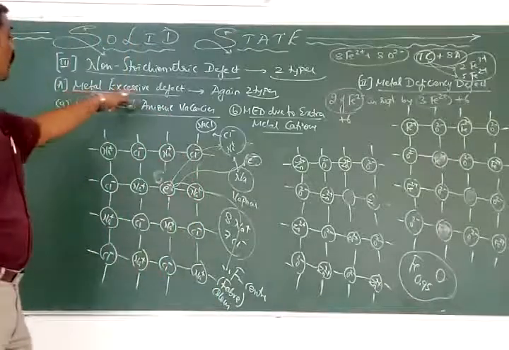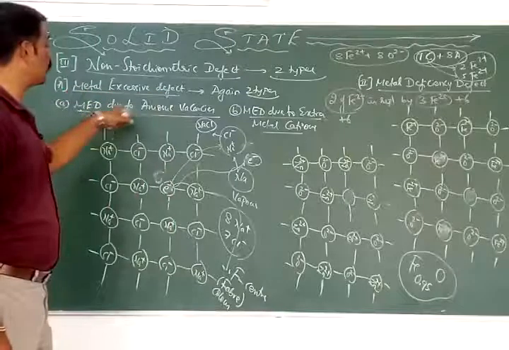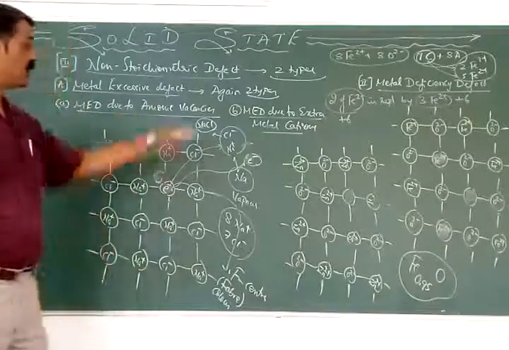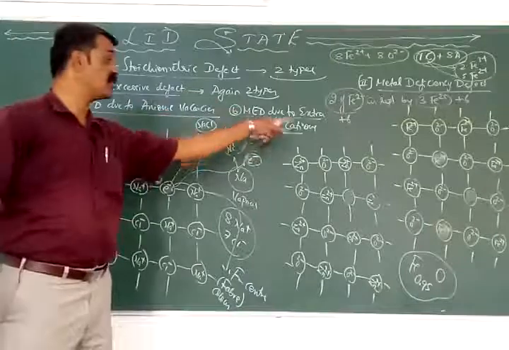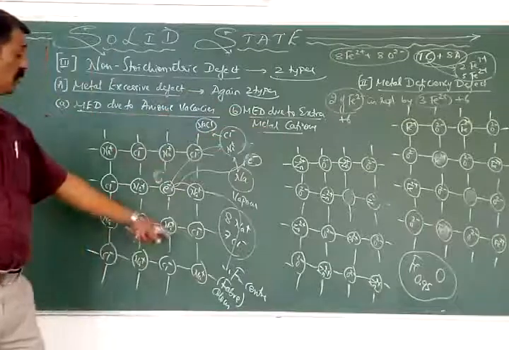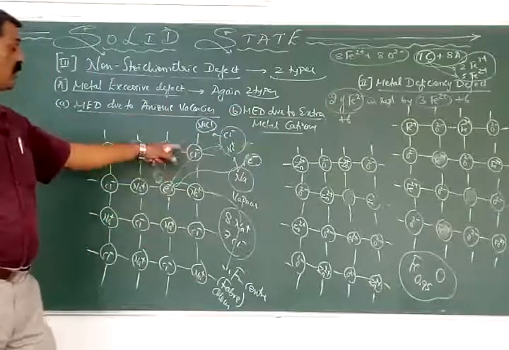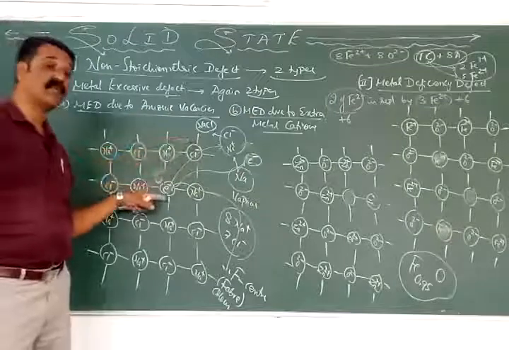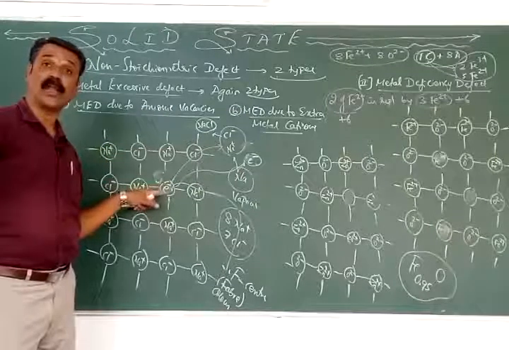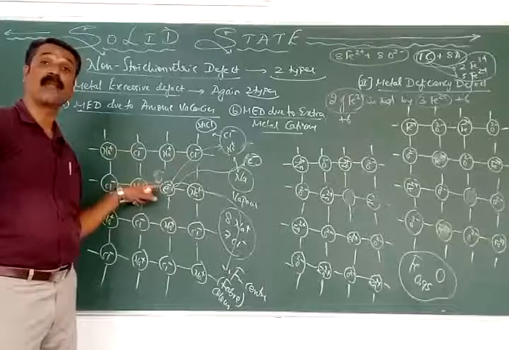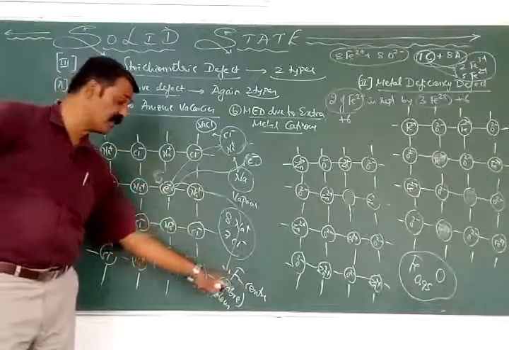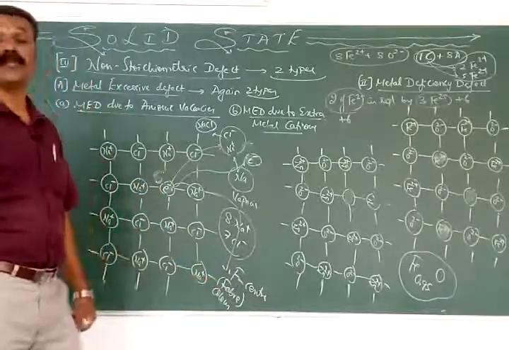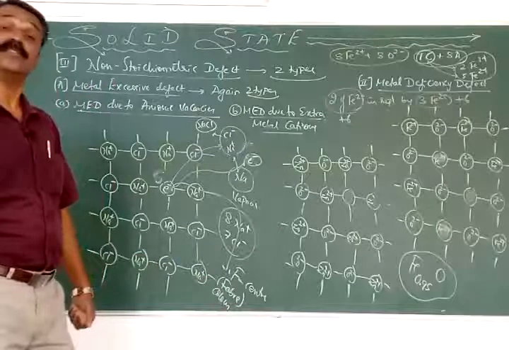Among that we are having the metal excess defect. The first one is metal excess due to anionic vacancy and the second one is metal excess due to extra metal cations. So if the metal has been heated such that there is a creation of vacancy in the anions and that makes the electron get trapped into that one, then those are called F centers. F centers are also called color producing centers.